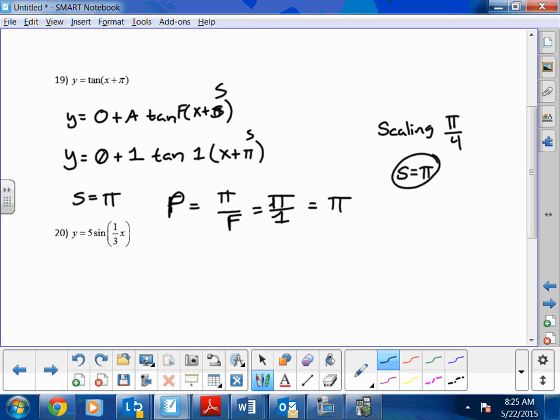So let's go ahead and get started with this. If I call this 0, that's going to be pi. I'm going to start there. And then we're going to go ahead and do the rest, and remember, we're going to go by pi divided by 4.